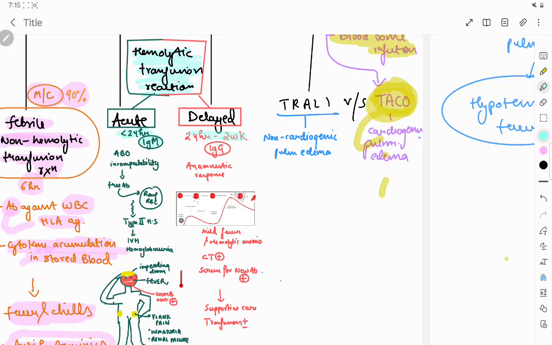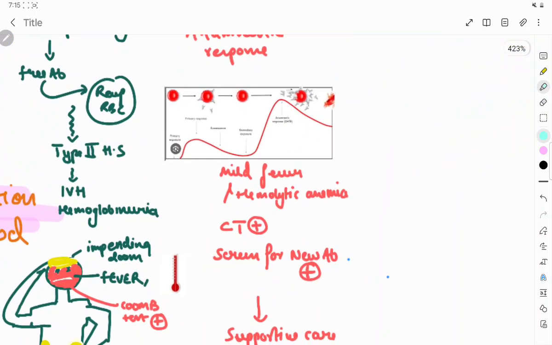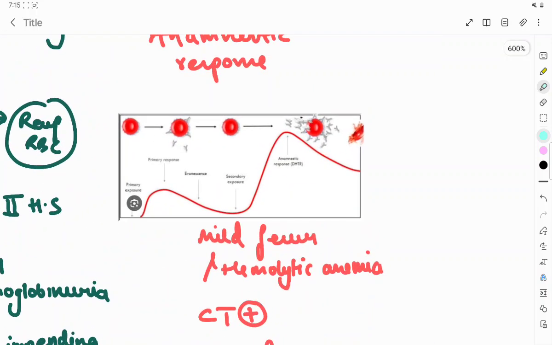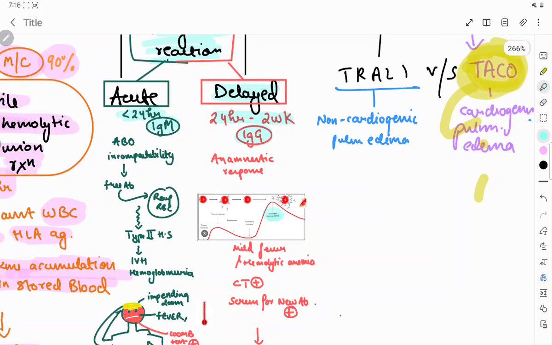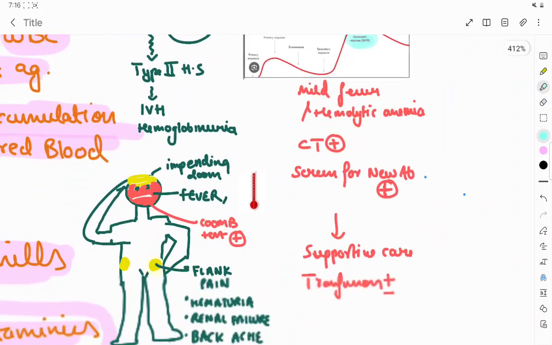Another that presents within 24 hours to 2 weeks has IgG antibodies and is the delayed type of hemolytic transfusion reaction. In this delayed type, we may see an anamnestic response because of secondary exposure to the same antigen that leads to an increased expression of the antibodies, and this you see is an anamnestic response in delayed type of hemolytic transfusion reaction.